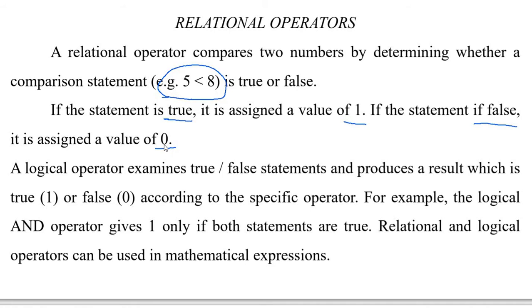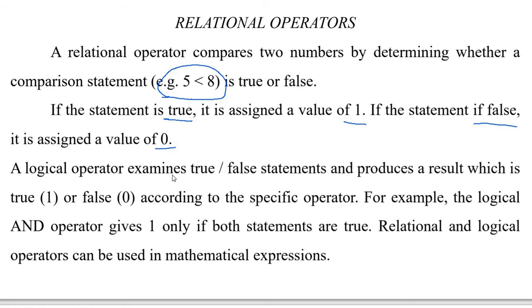So with the relational operator we are comparing two expressions or two numerical values. If the expression is true, the value is 1. If the expression is false, the value is 0. It does not display any string; it displays only the numerical constant, either 1 or 0.